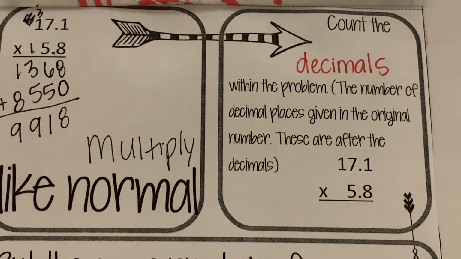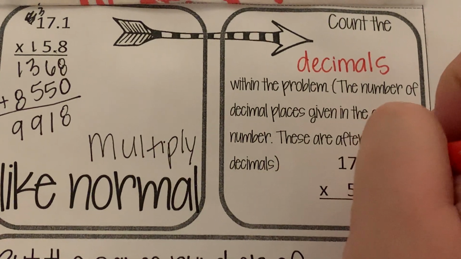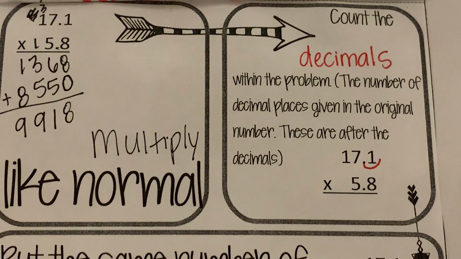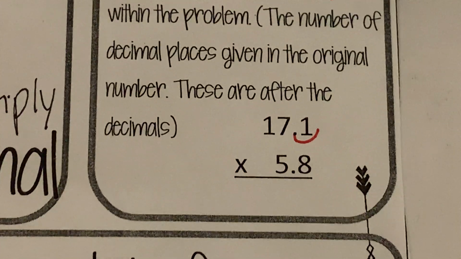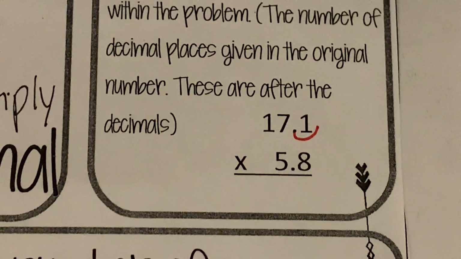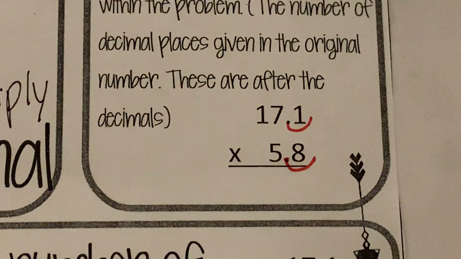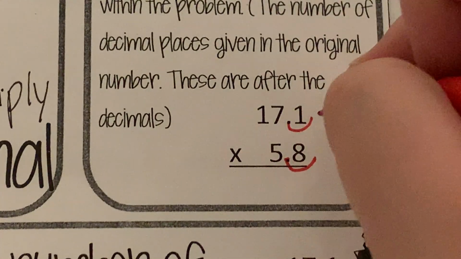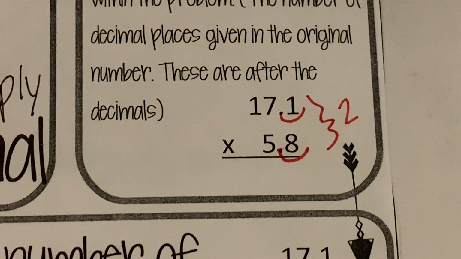Okay, so we're just going to count them up. In 17.1, how many numbers come after the decimal? 1. I want you to draw a little line like that to show that. How many numbers come after the decimal in 5.8? So total, there are how many? There are 2 numbers that come after the decimal.